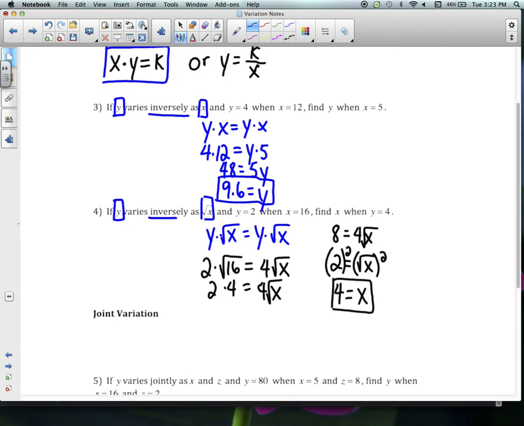Now our last one, I know this video is a little bit long, so just bear with me. You can pause it if you need to take a break for a second. Our last one is called joint variation, and it's kind of like a combination of the two. It's going to have multiplication and division in it.